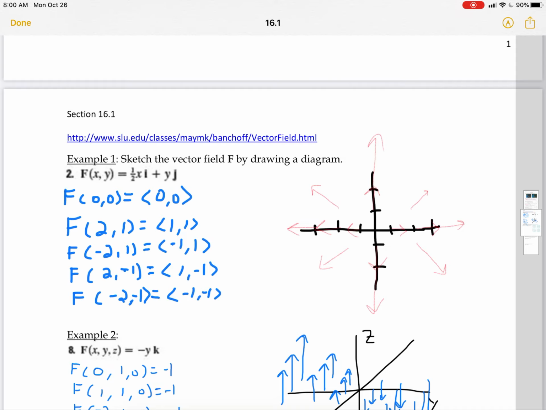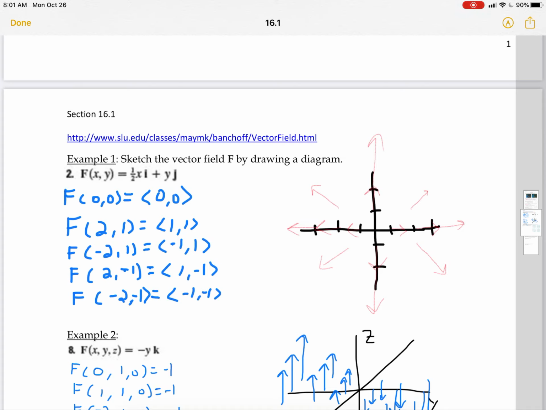So all I gotta do is you're just going to pick points on your plane, since it's f of x, y, we're going to be doing this on a plane. So I just pick points on my plane for x and y. I start off with 0, 0, get the 0 vector, so there's nothing there. Then I plugged in all values where x is 2 and negative 2, and 1 and negative 1 for my y values.